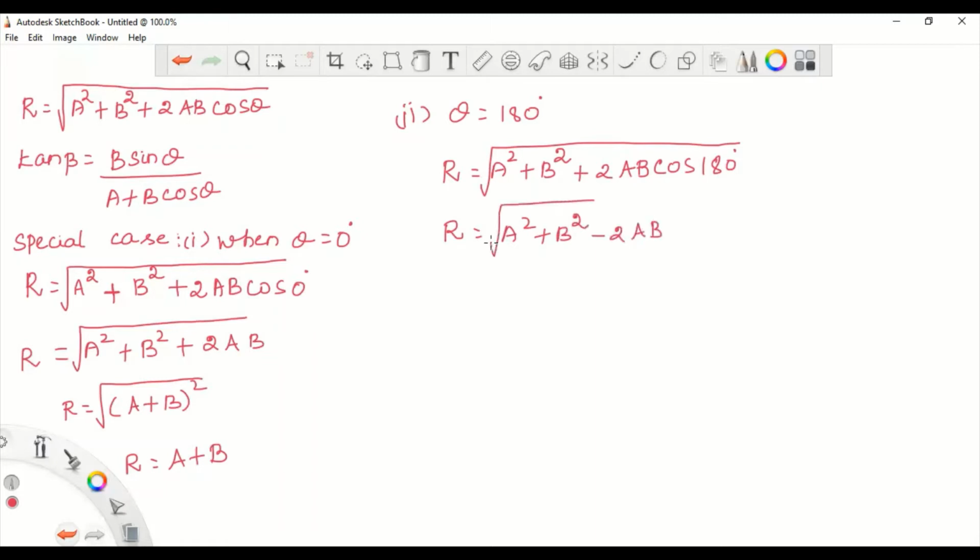So this will be written as R is equal to, simply you can write that A minus B. This will be the resultant. So the resultant is equal to the positive difference between the magnitudes of two vectors and acts along the direction of the bigger vector.